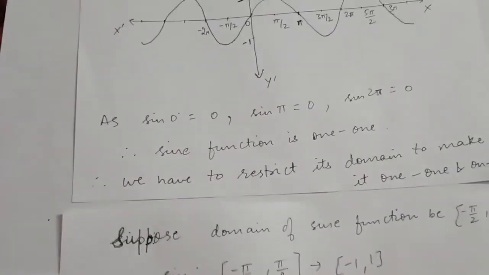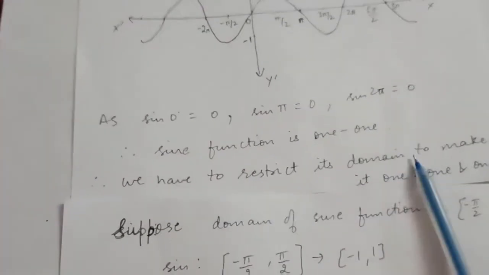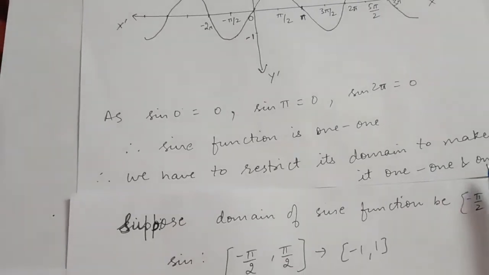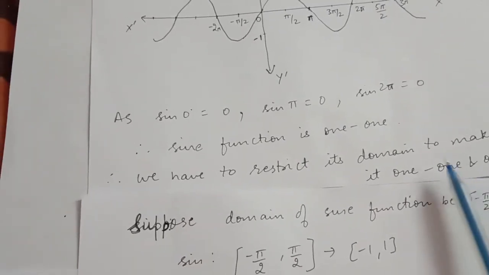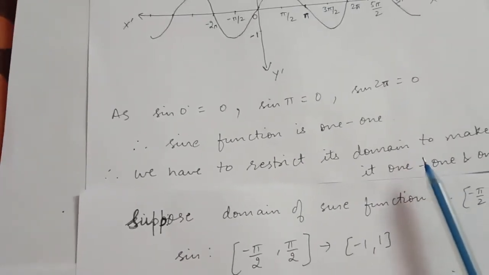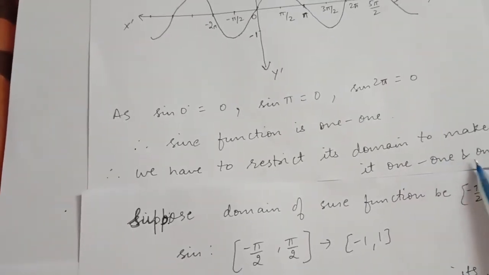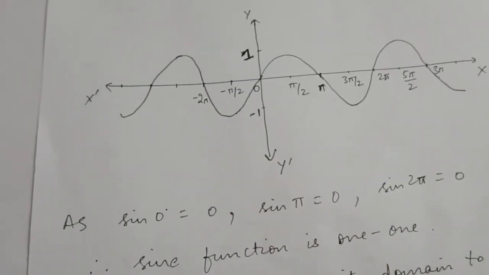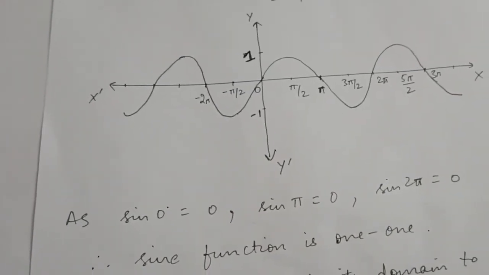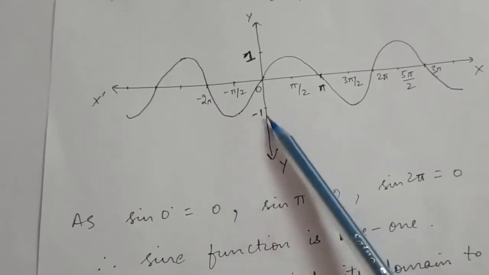Therefore, what we do is restrict the domain of the sine function to make it 1-1 and onto, right? We will restrict the domain in such a way that the sine function becomes both 1-1 and onto. Now see, the range of the sine function is from -1 to 1, right?